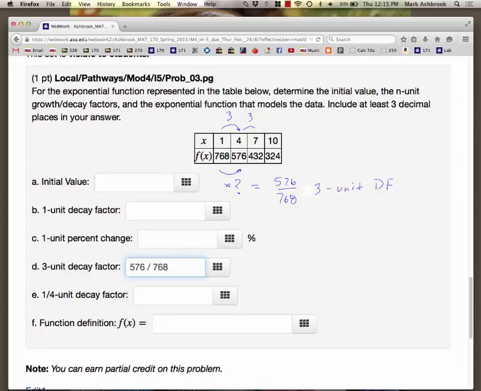So we do that first. What about the 1 unit decay factor? Take the 3 unit decay factor and divide by 3 to get the 1 unit. Is that right? What do we do instead?